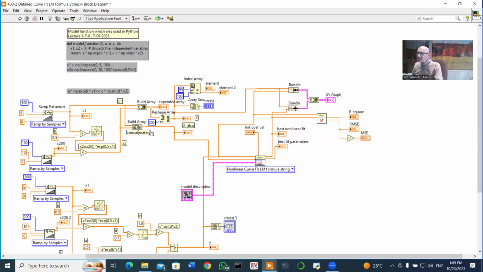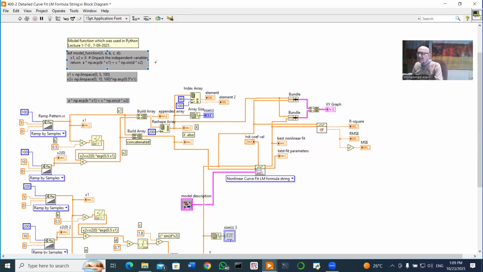In this example, I have selected the same expressions and values which I have used in Python, so as to get an answer which could be compared with the results which we have got with Python. This was done at lecture 1.7, remember. So this function is also multivariable. We work with two variables, x1 and x2. We have to create both of them.